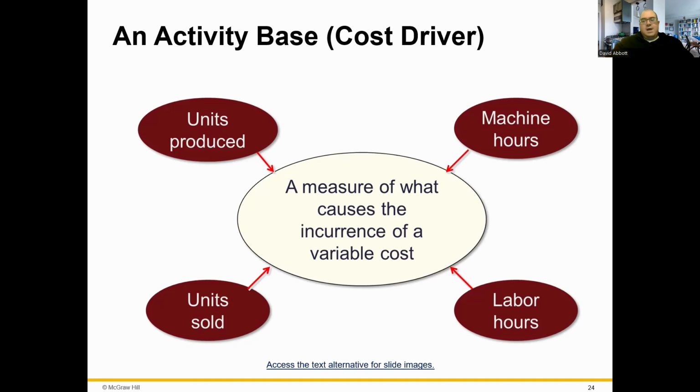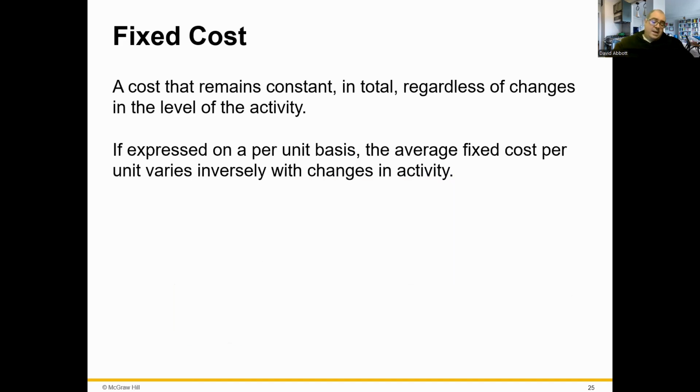It could be the number of machine hours or the number of direct labor hours. Those are what we're going to base it on. So the total is going to be different based upon a set amount, which is the per unit variable cost. You're going to multiply that by the cost driver. We'll see that in a minute.